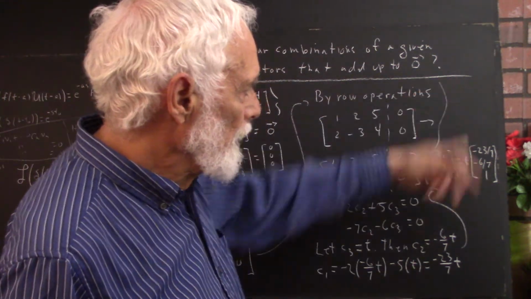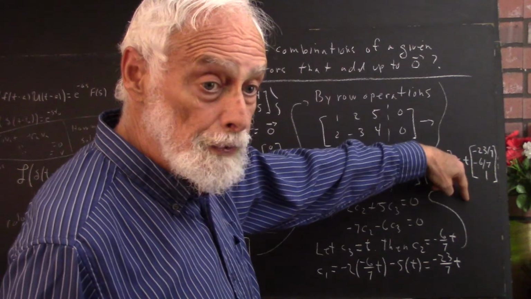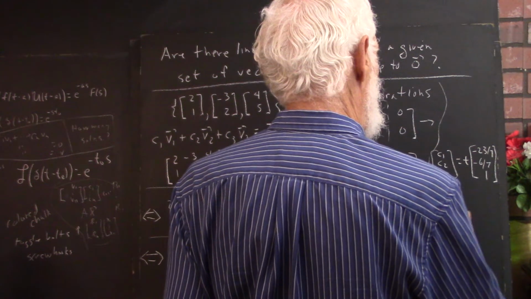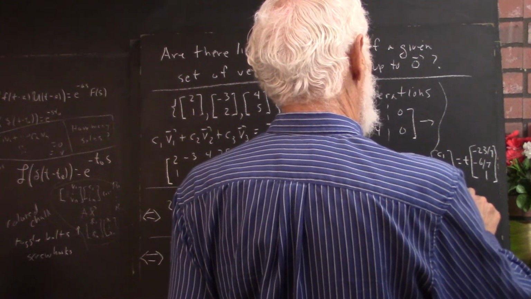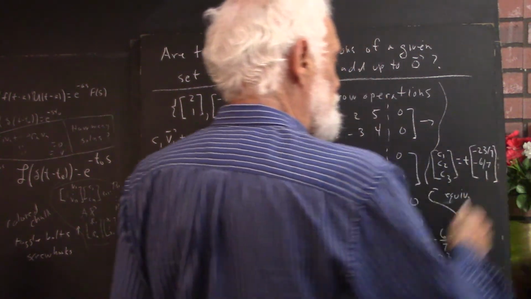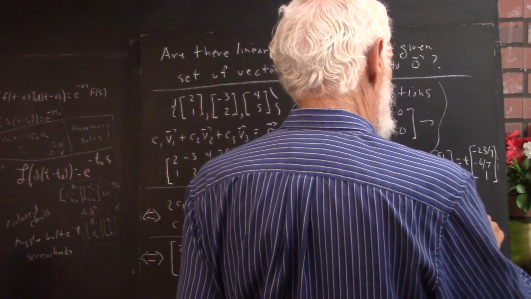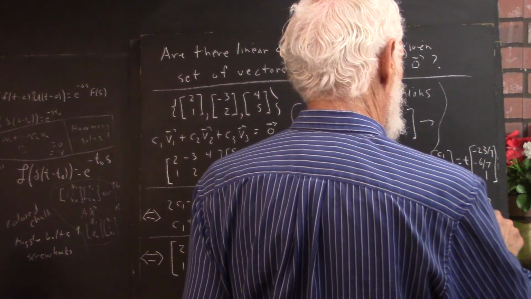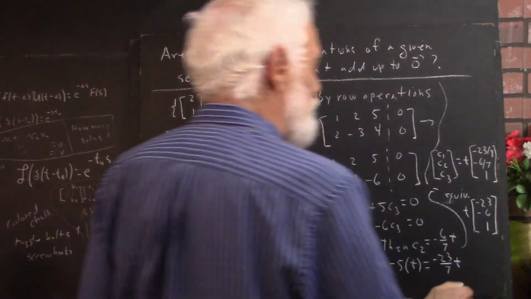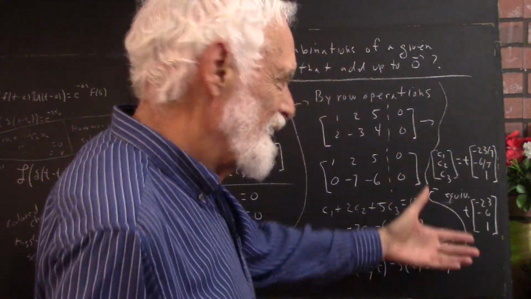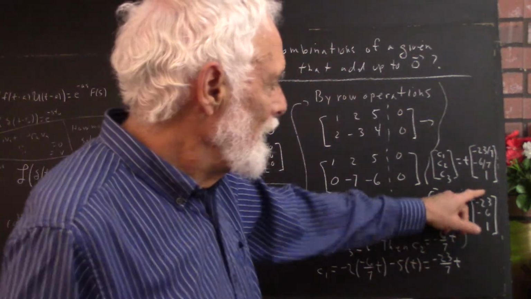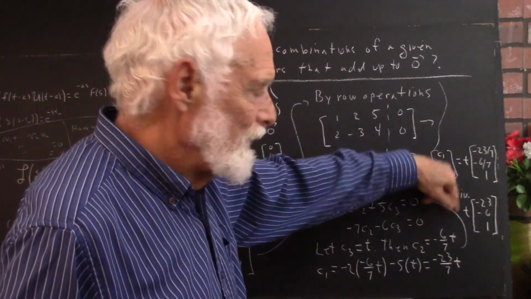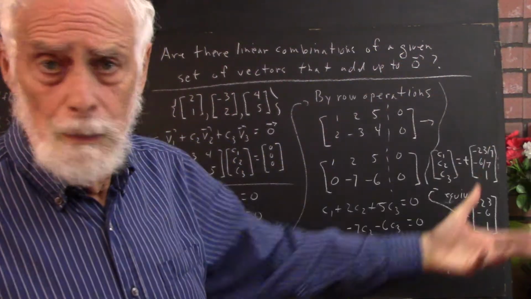We can multiply everything by 7 and we have negative 23, negative 6, 7. Since T is arbitrary, we can write this in the equivalent form: T times negative 23, negative 6, 1. If we like, 23, 6, negative 1, any form that's a multiple of this form, and the value of T is going to absorb the multiplier.